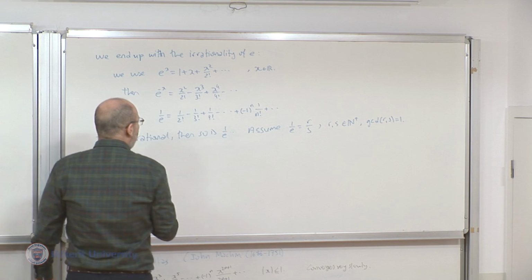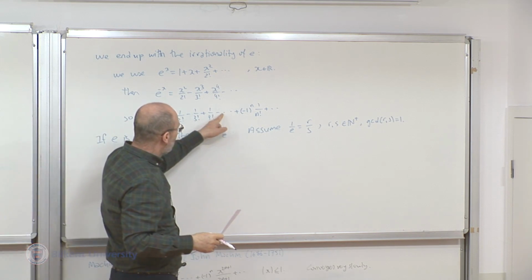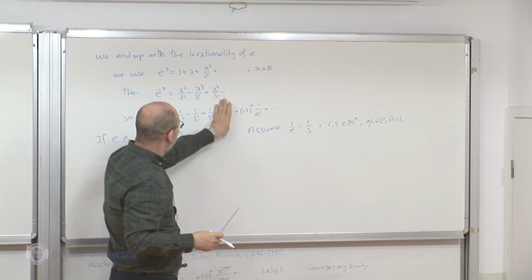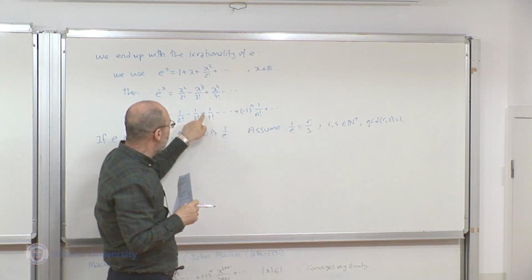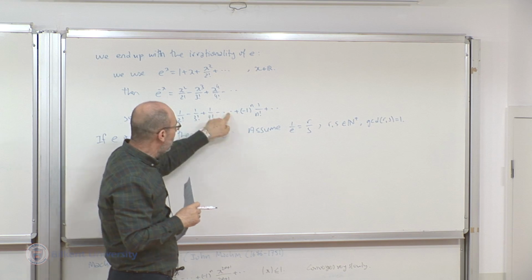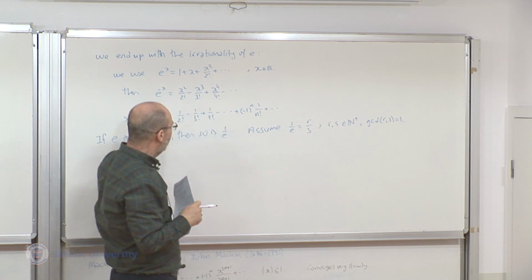Now, if I add a few terms, then you see if I add up to here, the number I get is larger than 1 over s, because the last thing I did was add this. Then if I add one more term, it will be less than this.